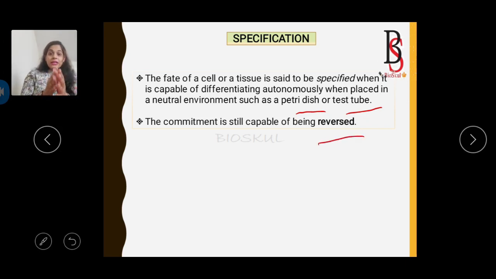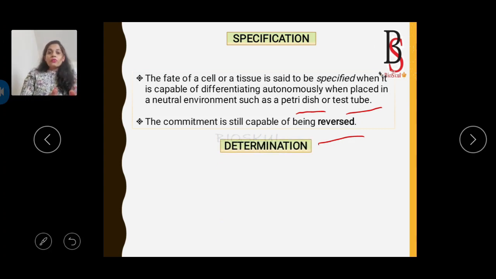That is, specification is the reversible type of commitment. If a cell is committed to develop into a particular cell fate that is not fixed, it can be reversed based on the environmental condition. That type of commitment is known as specification.